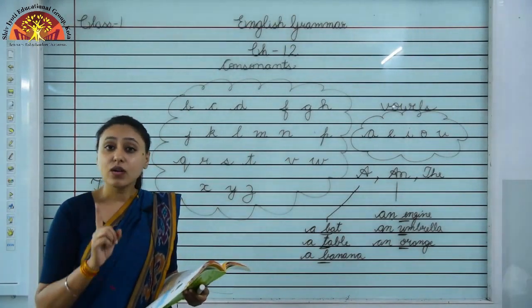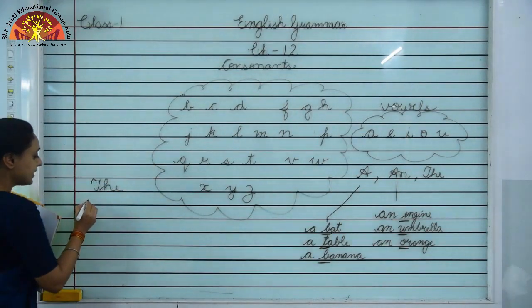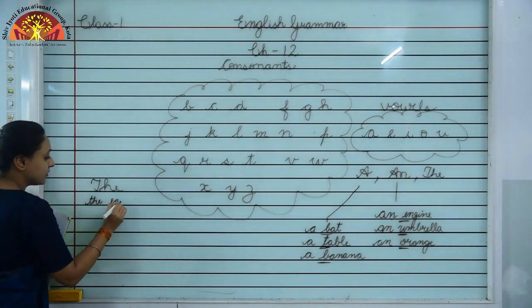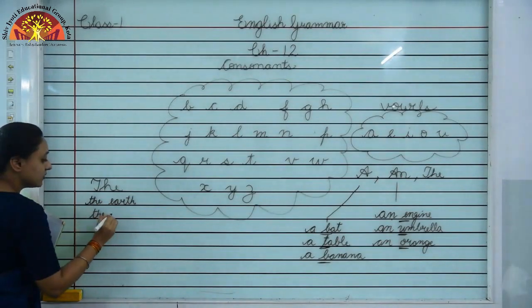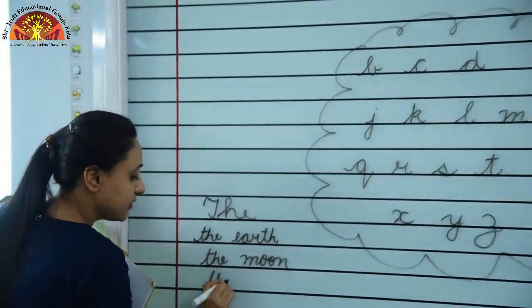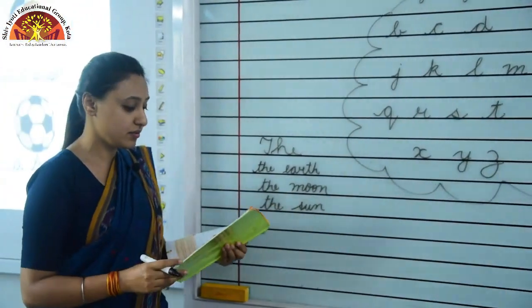So we use THE before them. Let us see. The earth, the moon, the sun. Okay children, I hope this is clear to you.